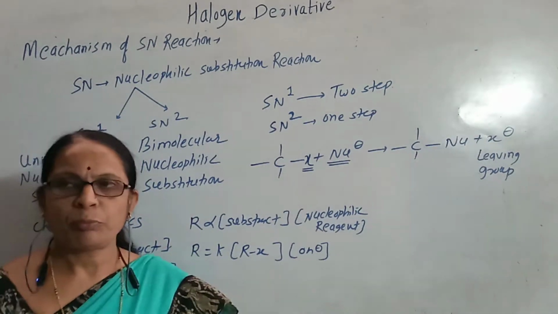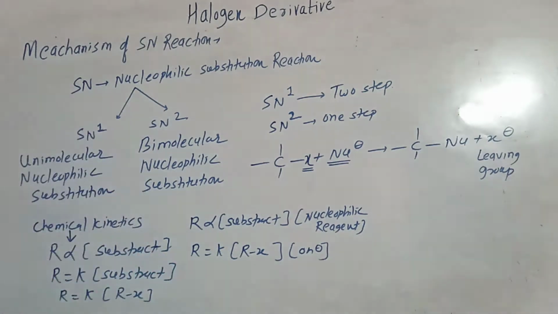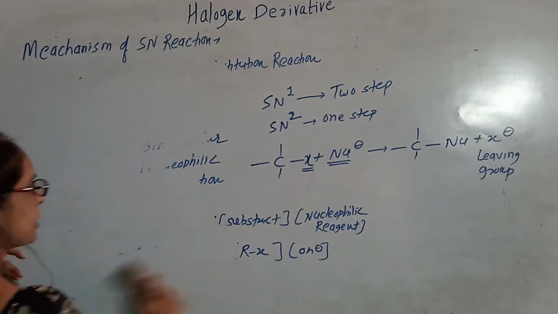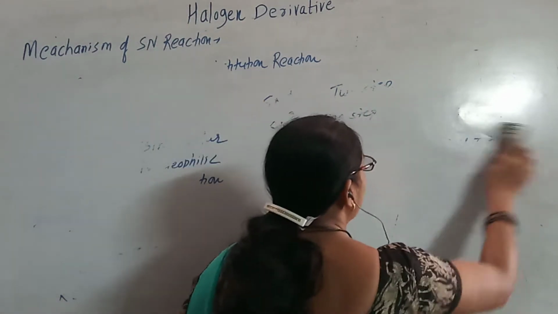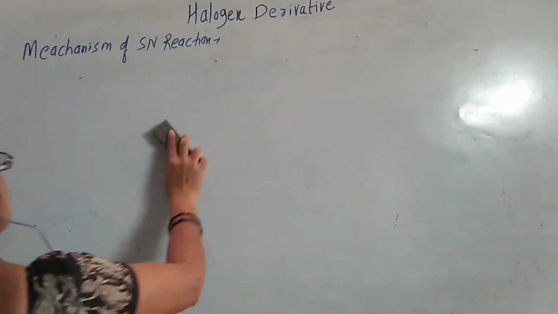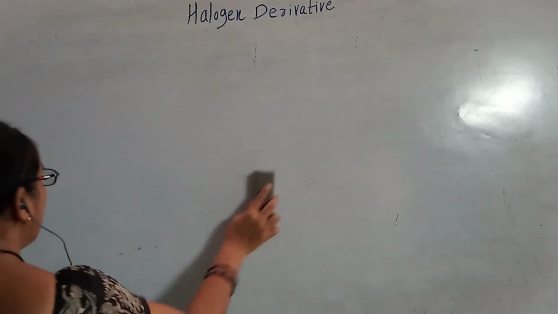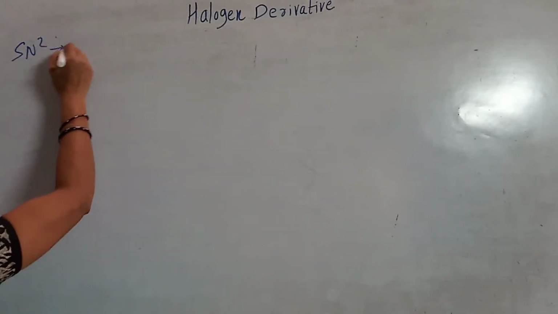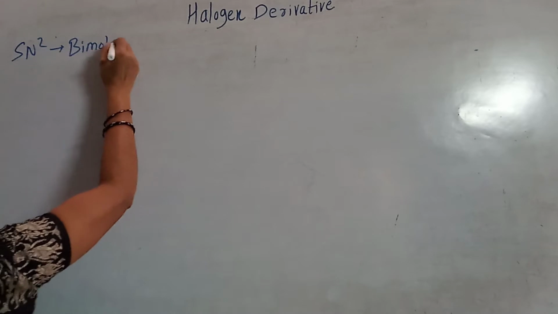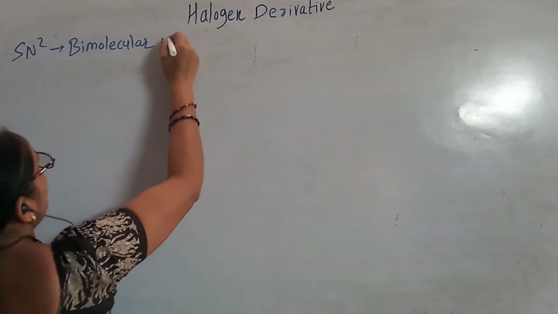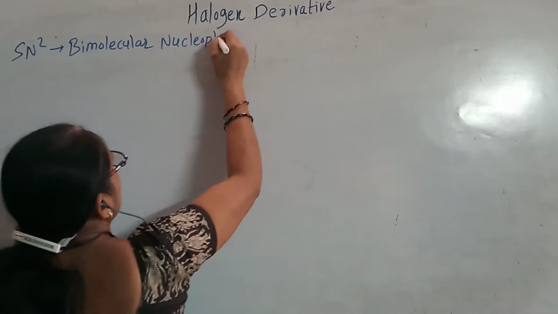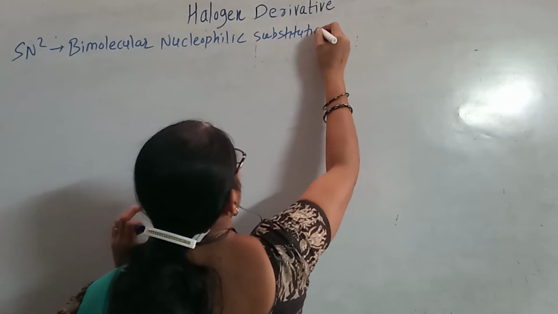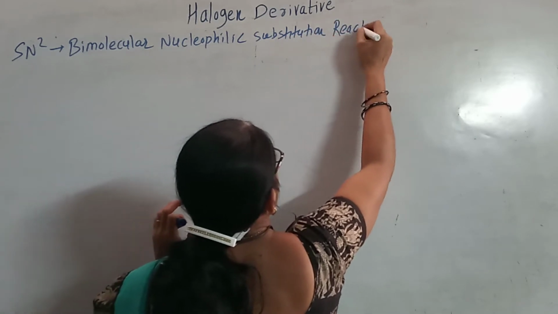Now we are discussing unimolecular and bimolecular nucleophilic substitution reactions in detail with suitable examples and mechanisms. Let us consider the bimolecular nucleophilic substitution reaction, SN2, first.